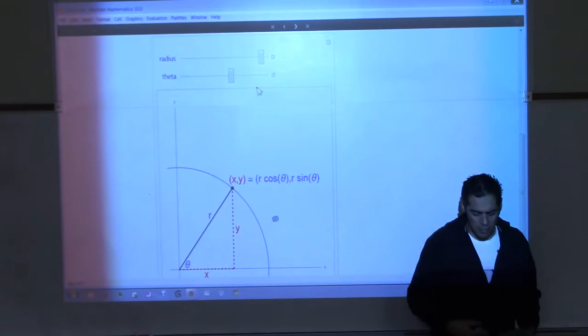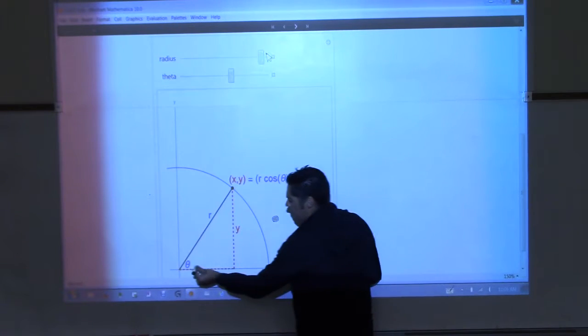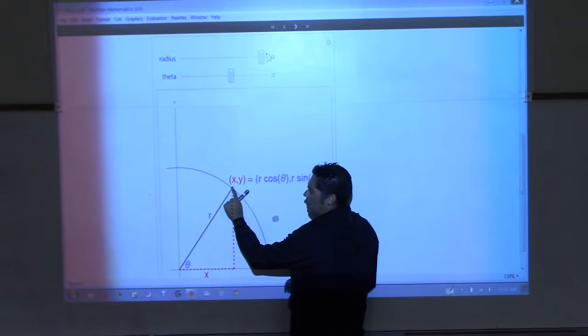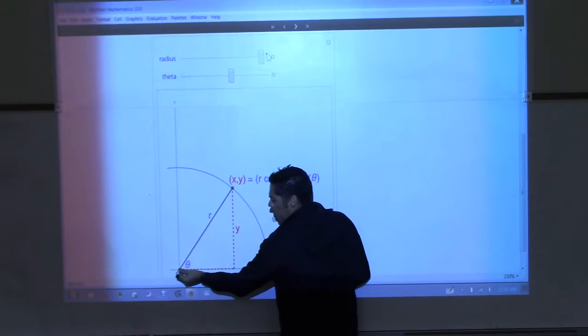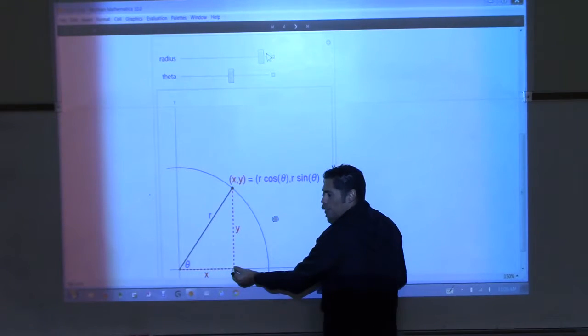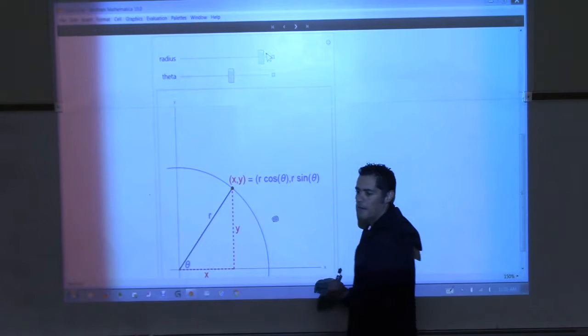So the way I want you to visualize this is you have a person standing at the origin and say, hey, get to this point right here. One approach would be walk parallel to the x-axis by x units, then turn 90 degrees and start walking parallel to the y-axis by a distance of y, and that would get you there, right?